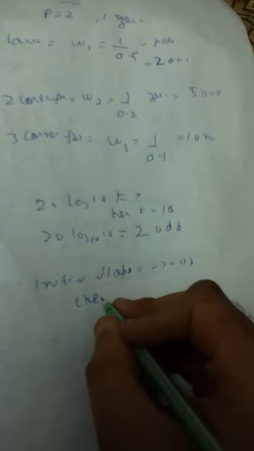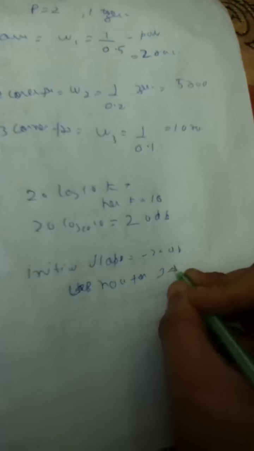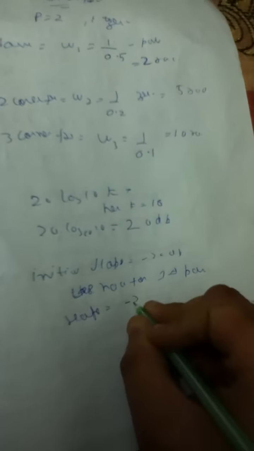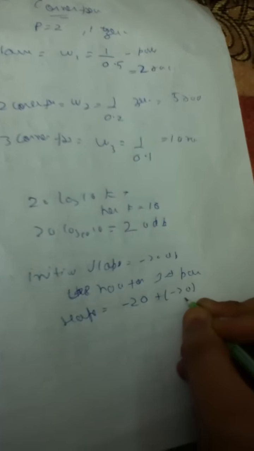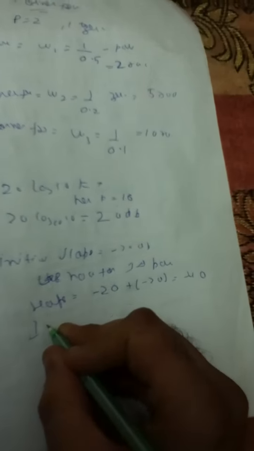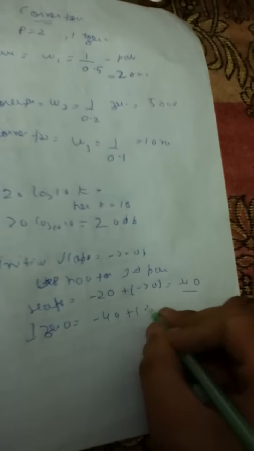Now for the first pole, slope equals initial slope minus 20 plus minus 20. I told you, for every pole minus 20, so it's minus 40. Now for the zero, it is minus 40 plus 20.